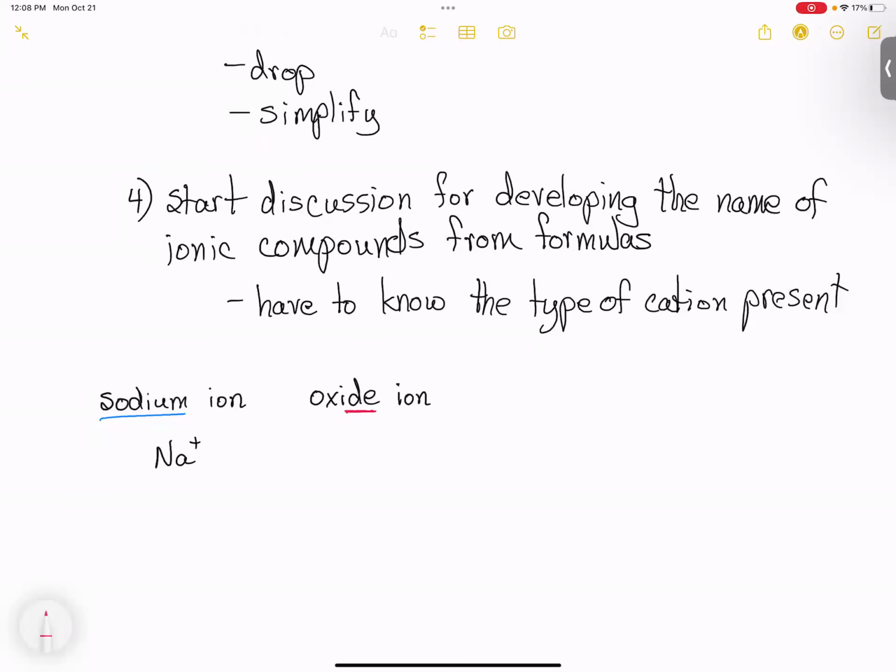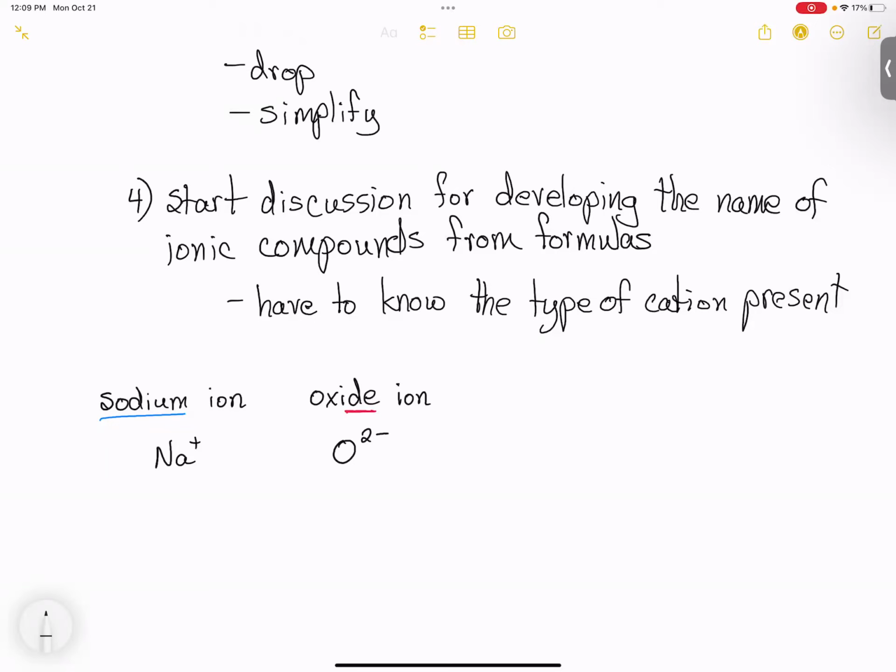IDE means that the anion is of an element. There are only 3 exceptions to that rule. But the majority of the time, if you see IDE, that means you're talking about an anion of the element. So we are talking about the anion of oxygen. And what charge does oxygen have as an anion? It has a -2.